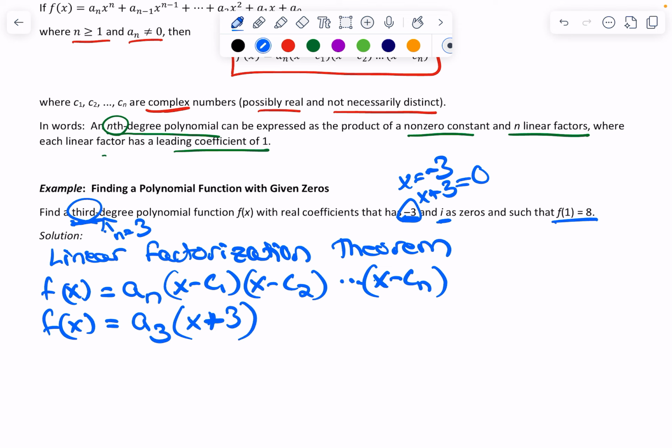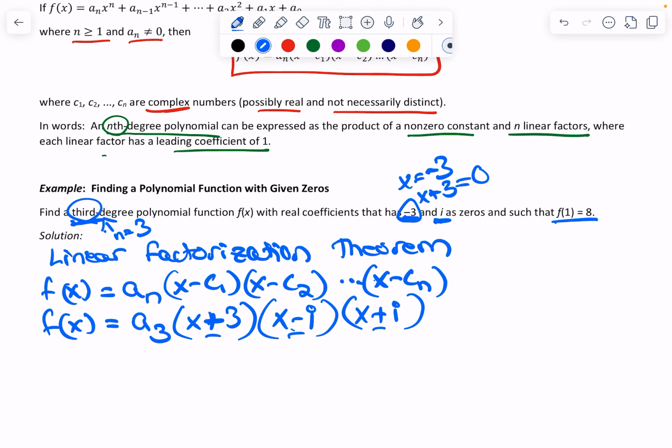Our next factor is going to be i, so x minus i. And since we have x minus i, we know that the conjugate pair is going to be a factor as well, x plus i. Okay, we do have 3 factors. It's a third degree, so we should have 3 factors here.